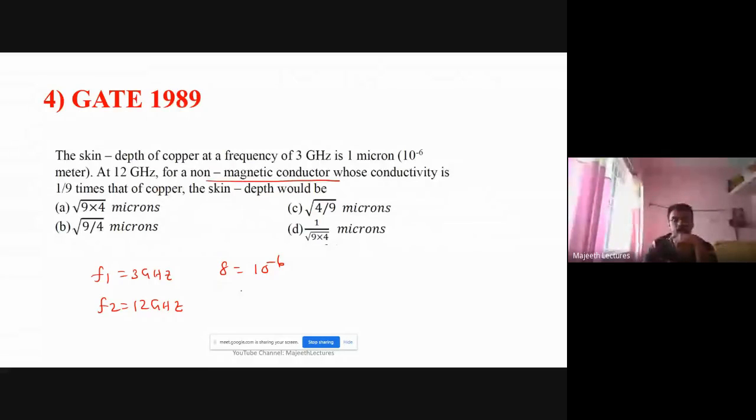So del 2 has conductivity sigma 2, where the first material is sigma 1 copper, and the second is 1 by 9th times of the copper. What is the skin depth of the second one? Fine. So that's what we have to find.